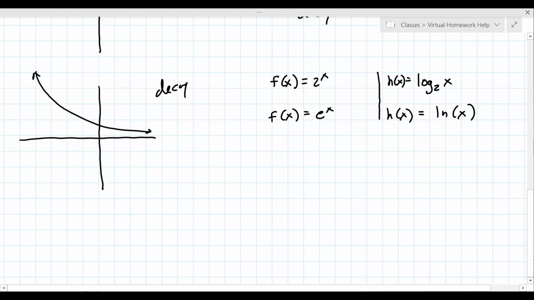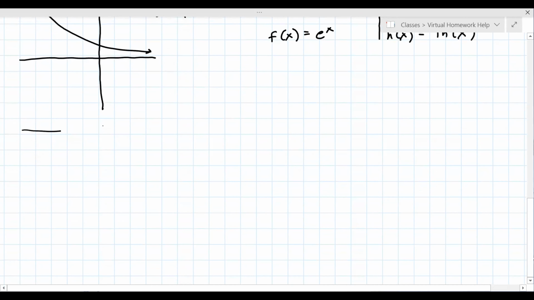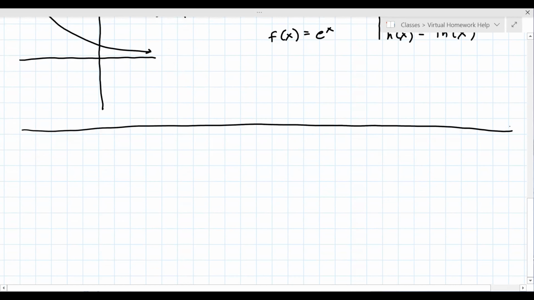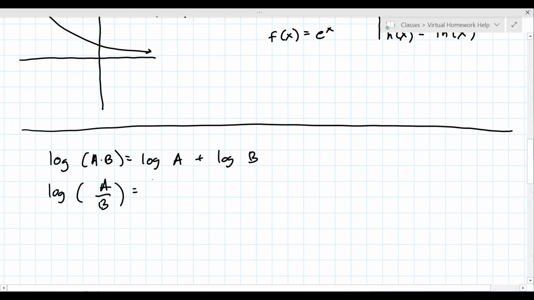The properties of logarithms that are interesting to use, there's quite a few of them. It's definitely a good idea to look at and have a handy reference available. For example, we've already mentioned that the log of a times b equals log a plus log b. There's also the property that if you have log of a divided by b, this equals log a minus log b. So the only difference is that subtraction symbol there.